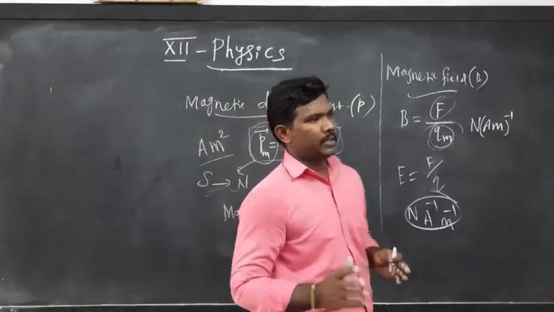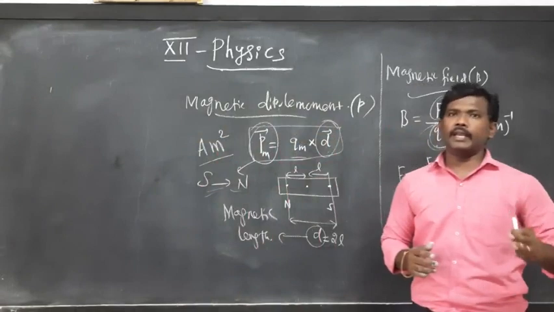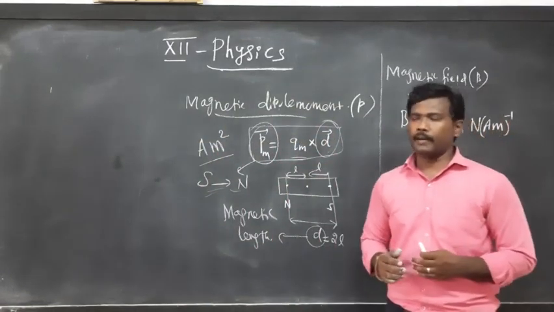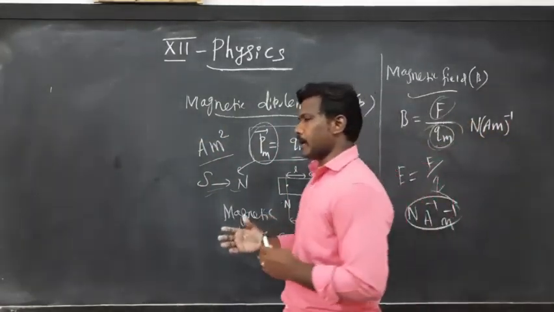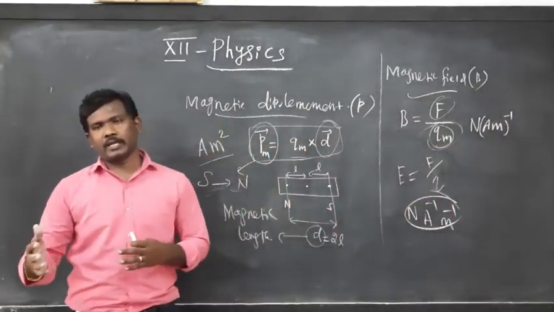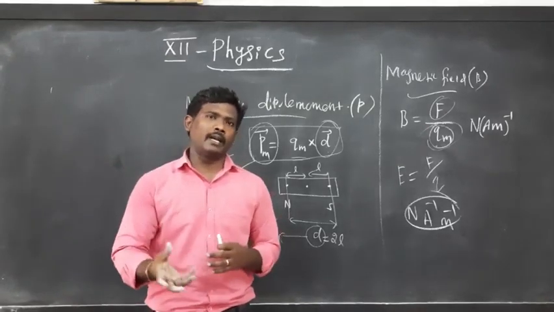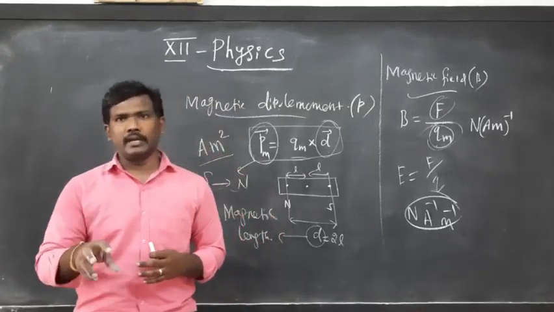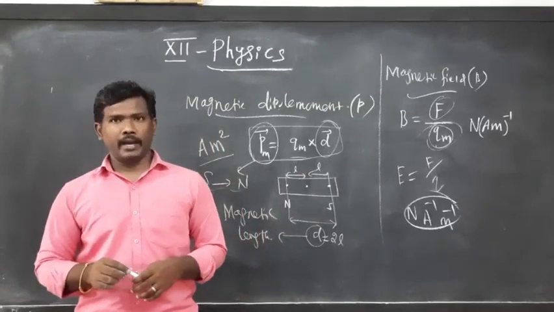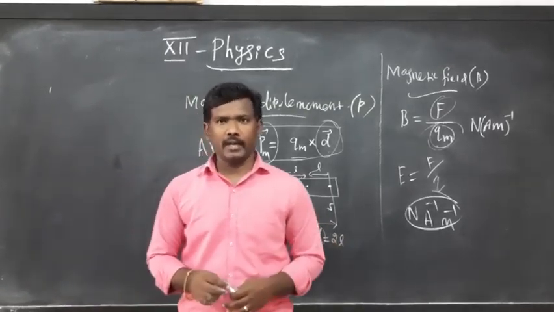Compared with the artificial magnet, the natural magnet has very weak attractive and repulsive power. But the artificial magnet we can design for our convenience. If we need more attraction and repulsion, we can modify the magnetic field strength in an artificial manner. So compared with the artificial, the natural magnet has very weak power.